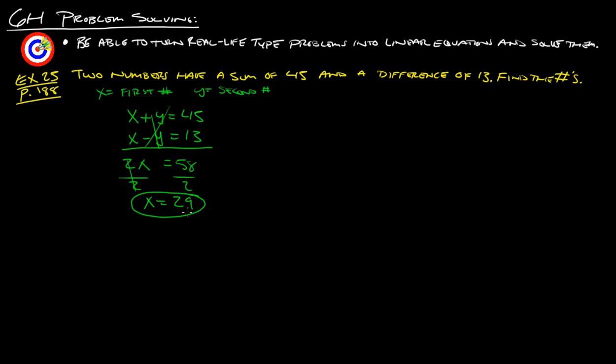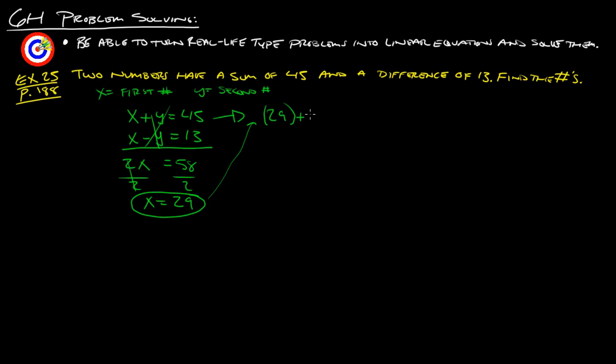So one of them is 29. Let's figure out what the other number is going to be. We can plug x equals 29 into either one of these. I'm going to plug it into the first one because y is positive. So I'm going to bring this x equals 29 in here.